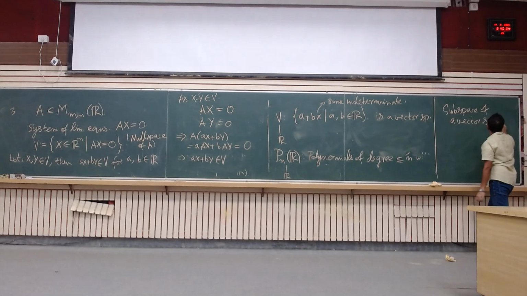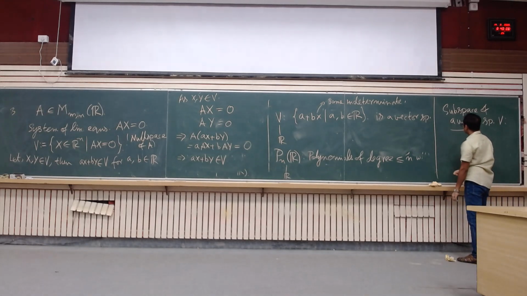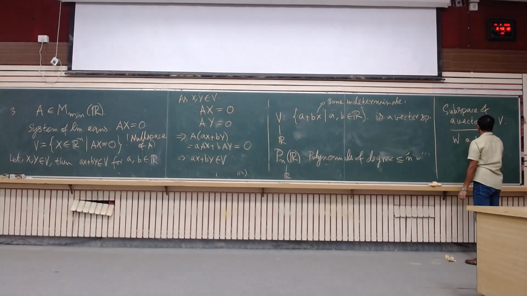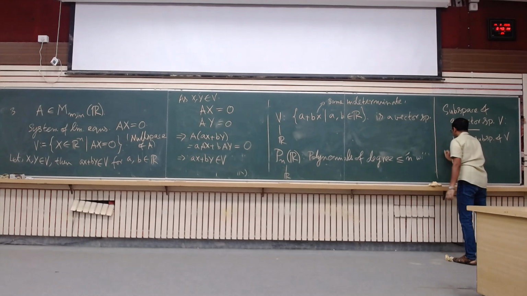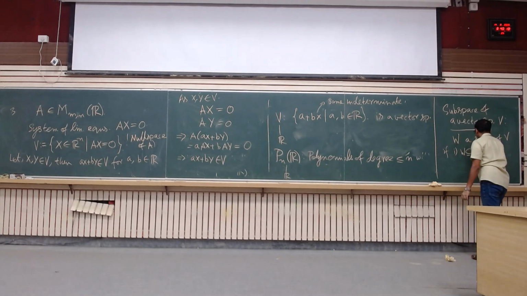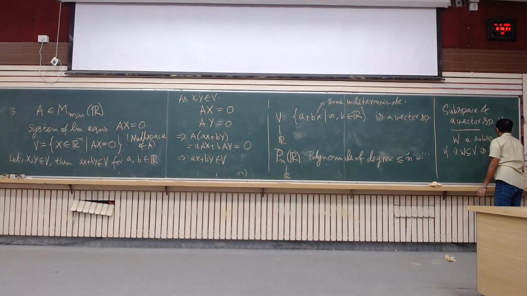Let V be a vector space. We call W a subspace of V if, first, W in V is an abelian subgroup. What does it mean?